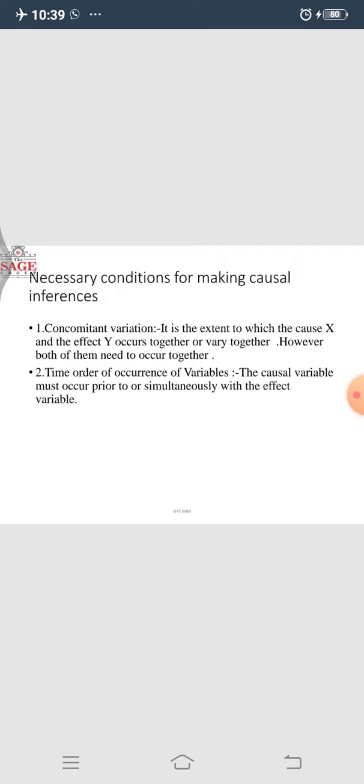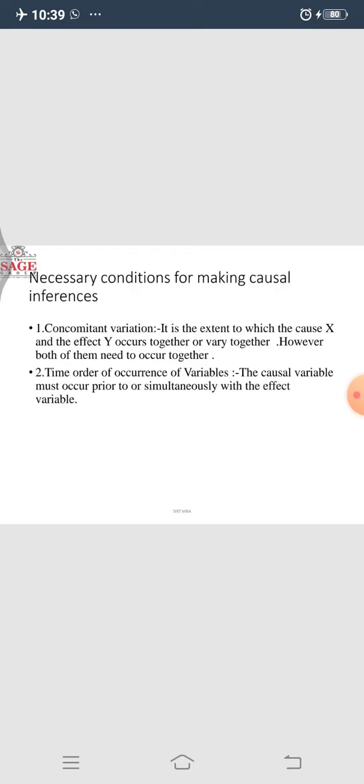The necessary conditions for making causal inferences: first is the concomitant variation. It is the extent to which the cause X and the effect Y occur together, or they vary together. Both of them need to occur together. If the training program has been organized and there is an increase in the sales, the training program relating to the increase in the sales, we can say that is the concomitant variation.